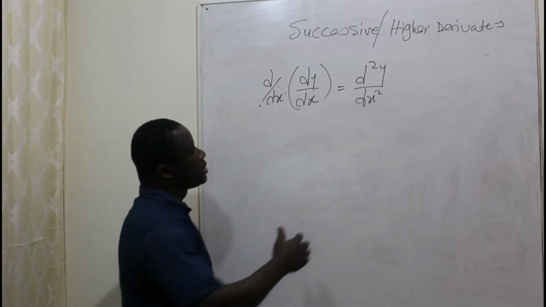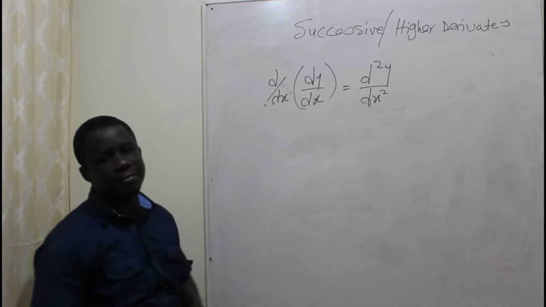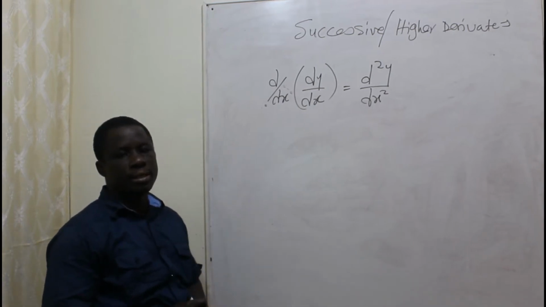So if you have d squared y over dx squared, it means you have to differentiate the function twice.